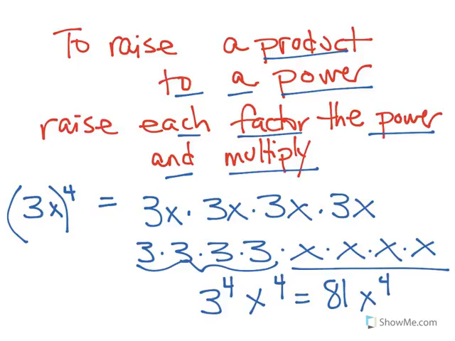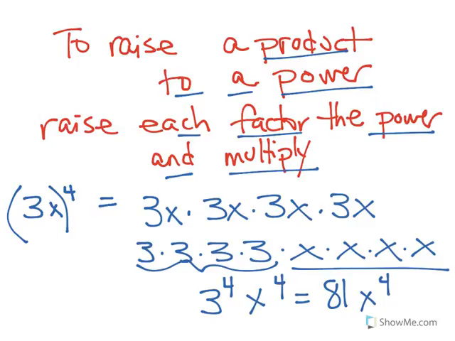But if we simply use our rule of raising each factor to the power and multiplying, then we'll get the same thing in a lot fewer steps.